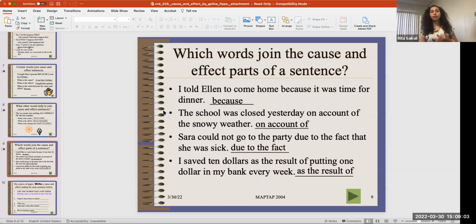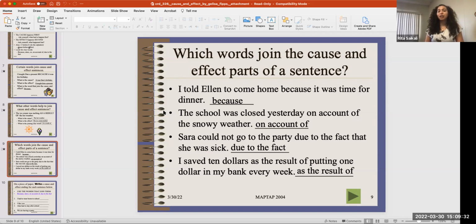Okay, which words in the sentences cause the cause and effect, or join the cause and effect sentence? I told Ellen to come home because it was time for her dinner. Well, our connection, or coordinator, is because, right? The school was closed yesterday on account of the snowy weather, on account of, right? You want to look for words that connect the two sentences together.